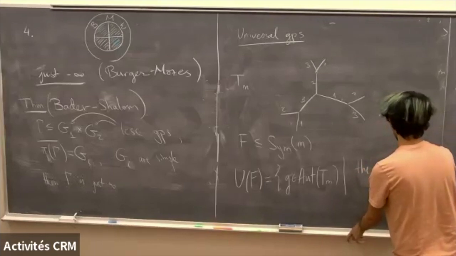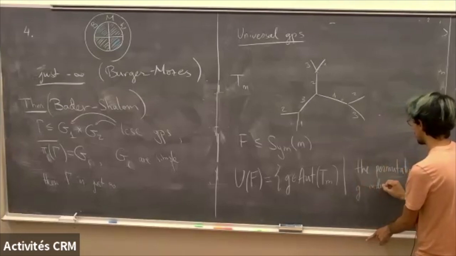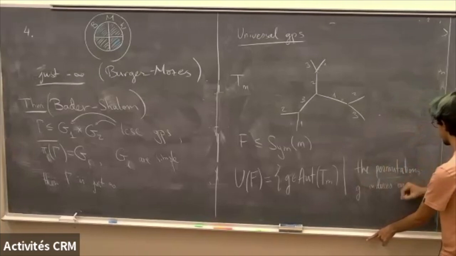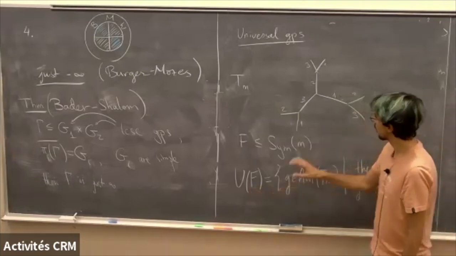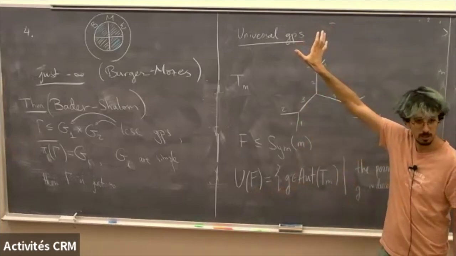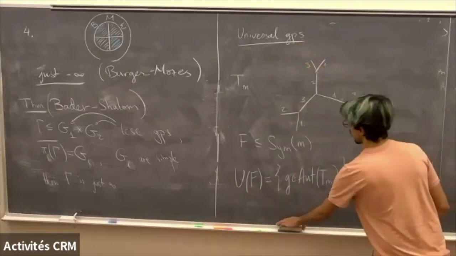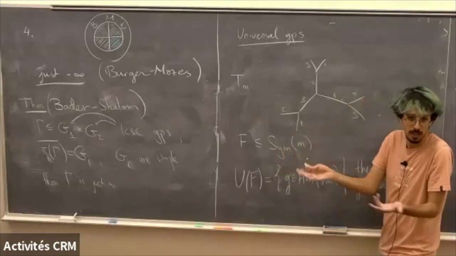The permutations g induces on colors are in F. So for example, if F is trivial, all I'm allowed to do is move one vertex to another, but I have to preserve all the colors. If F is the whole symmetric group, this is like Aut(T), right? I'm allowed to do any kind of permutation.